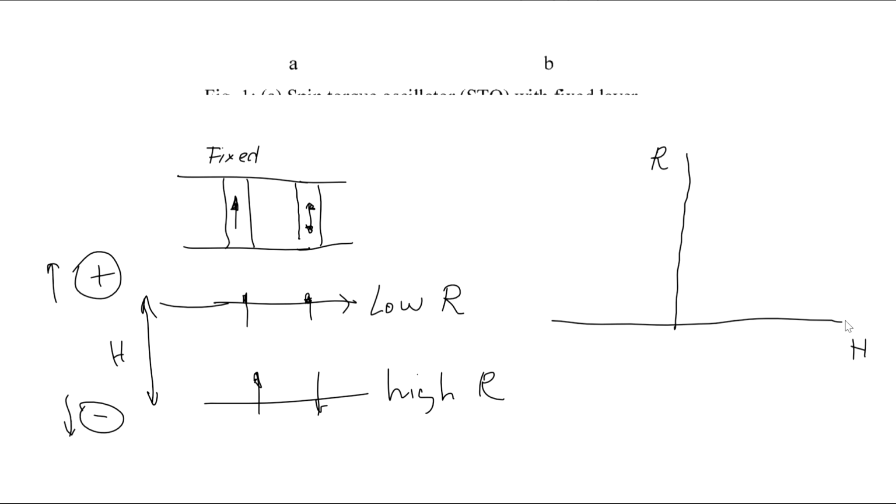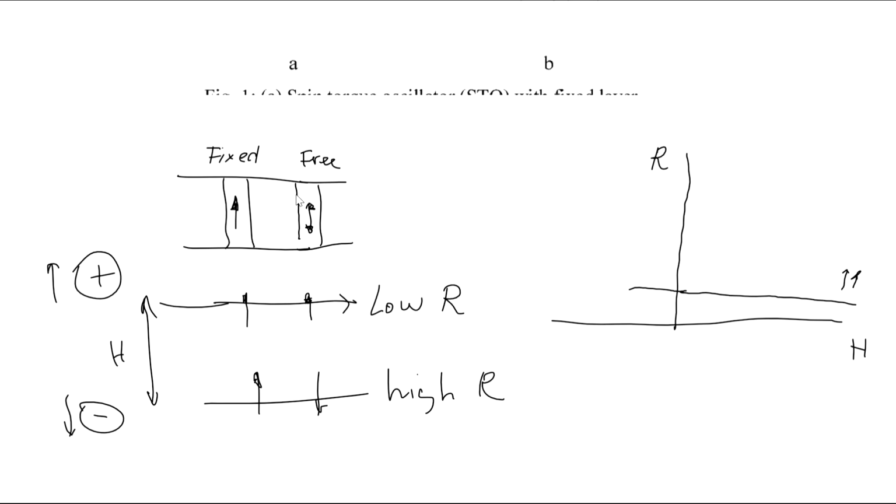When the field is high in the positive direction, both of them would be aligned pointing in this direction, and we would have a low resistance state. And we reduce the field and both layers stay magnetized. Then we reduce the magnetic field until a certain level, and at that point, this is free.